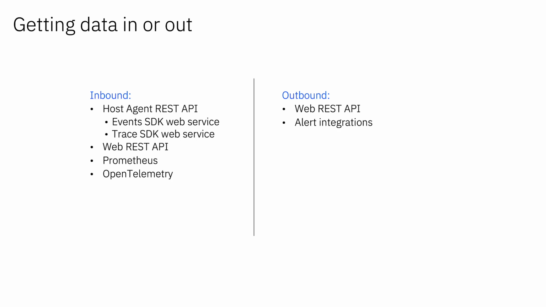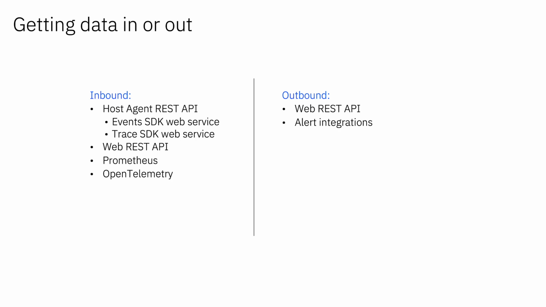Or we have the outbound integrations, where we retrieve the data that Instana collected or produced, like the KPIs or the information about the relationship of the objects through the REST APIs. And of course, we can also have the alerts sent from Instana to the external systems.